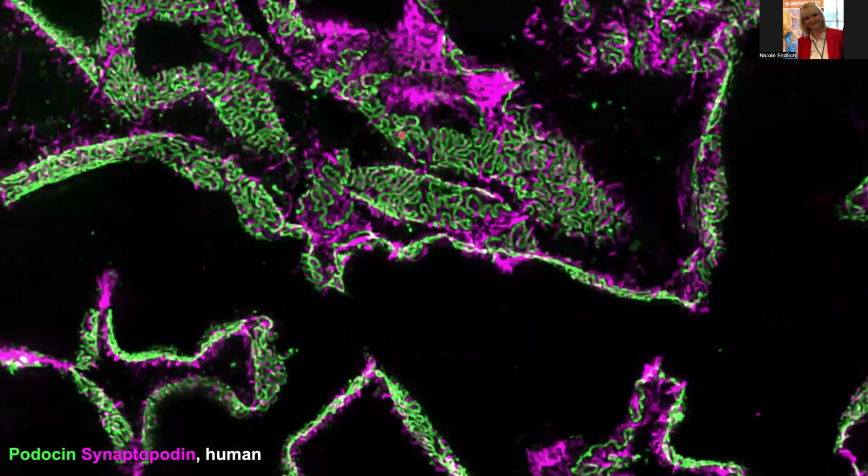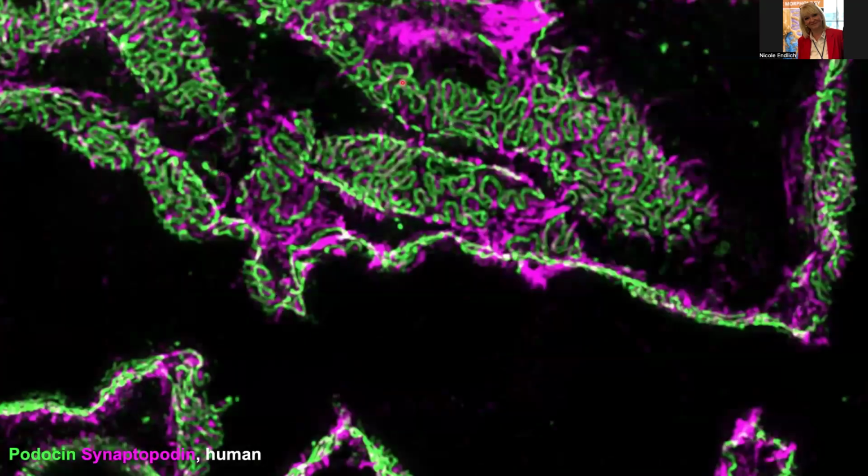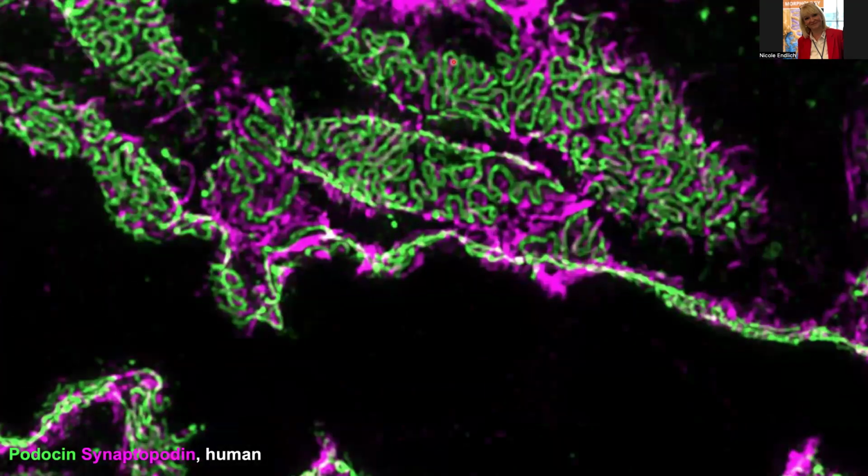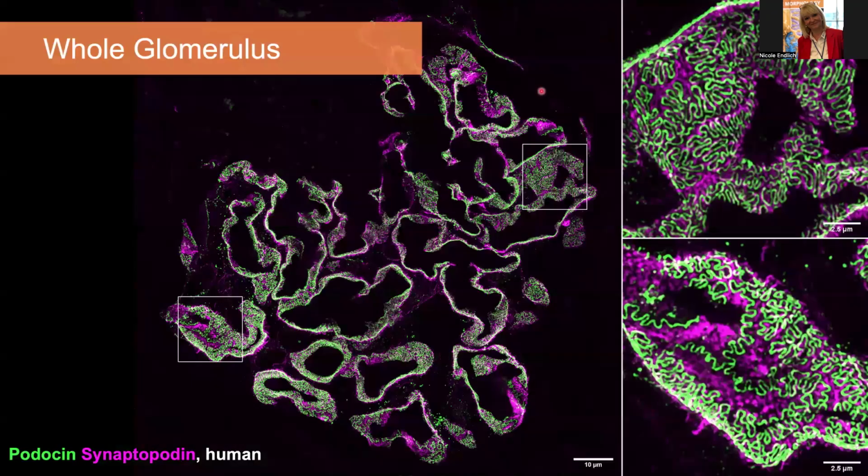This is a filtration slit, and in between, the magenta indicates the foot processes. This region looks pretty nice. However, it could be that in one glomerulus you have different areas with different foot processes. Here is an example in a higher magnification on the top side.